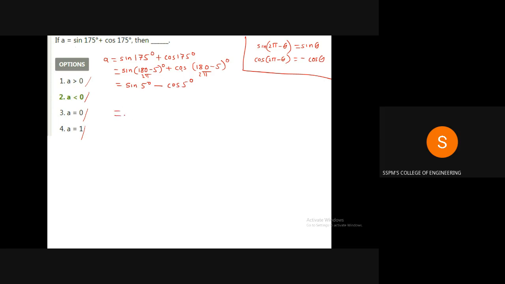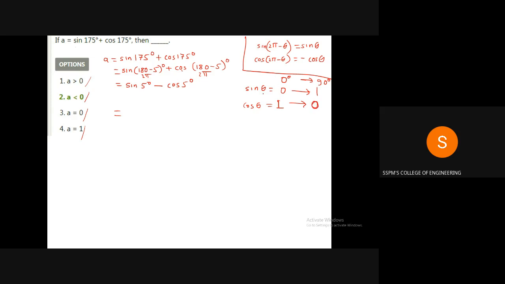Now we know that sine theta values from 0 degree to 90 degree start at 0 and tend to 1. For cos theta, we start at 1 and end at 0 at 90 degree.